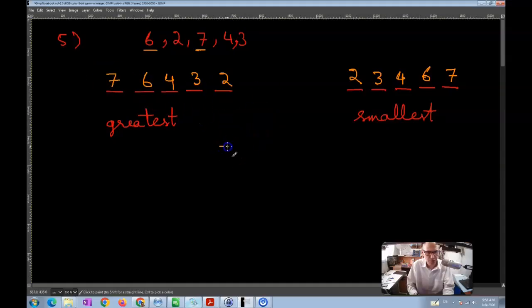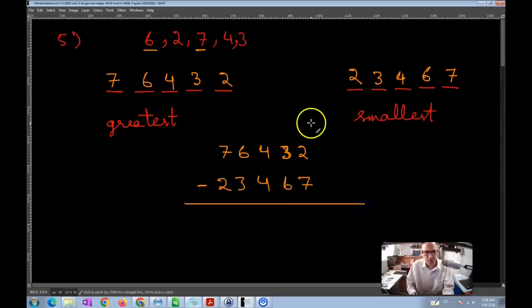And then you will find the difference between the two numbers. Write the larger number first, 76,432, minus the smaller number, which is 23,467. When you do the subtraction, you'll have to borrow a couple of times from different places. 2 minus 7, of course I cannot do, right?